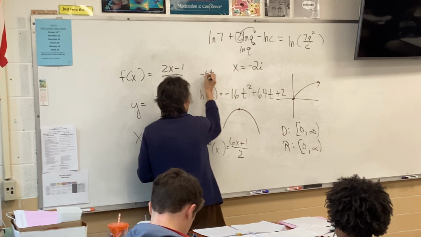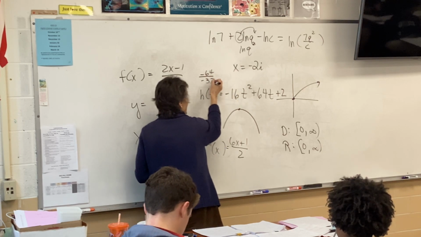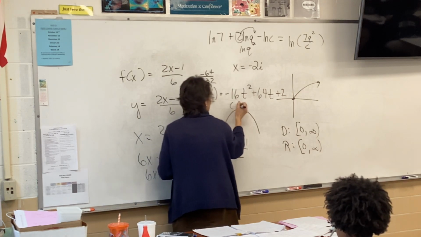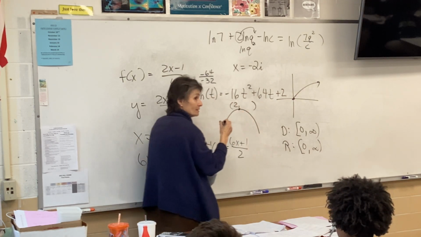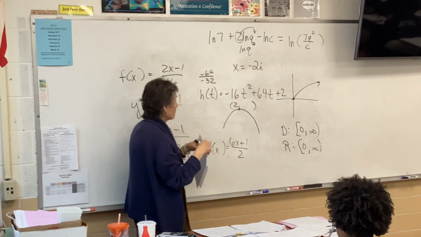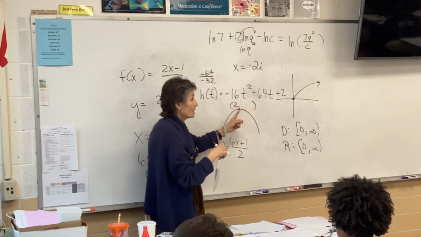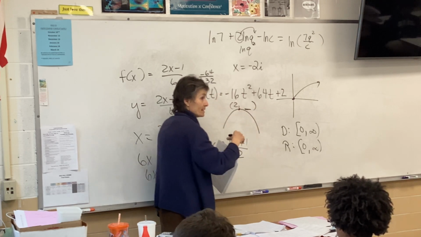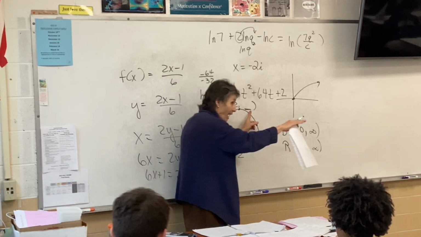Negative b over 2a. So the vertex is at 2 comma. How do I find this part? Plug it back in. Plug it back in, and whatever that comes out to be, that is the height.